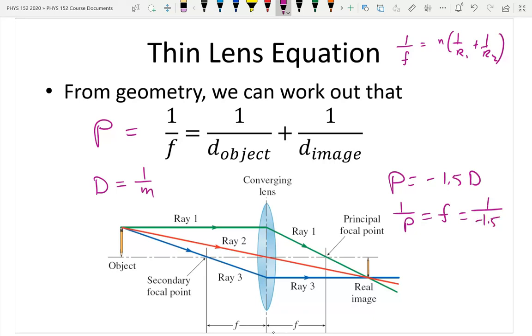And then instead of diopters, I'm going to put 1 over meter here. So that's equal to 1 over -1.5 meters, or -0.75 meters. So it's a very straight conversion between the power of a lens and the focal length. The only thing that is tricky is that a diopter is 1 over meter, because in class we're usually using centimeters for focal length.